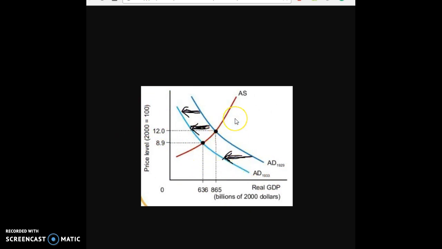This is a graph of the Great Depression in the 1930s, represented by AD from 1929 to 1933. As a result of the depression, the real GDP falls from 865 billion to 336 billion, and the price level also drops from 12.0 to 8.9, measured against a base price of 100.